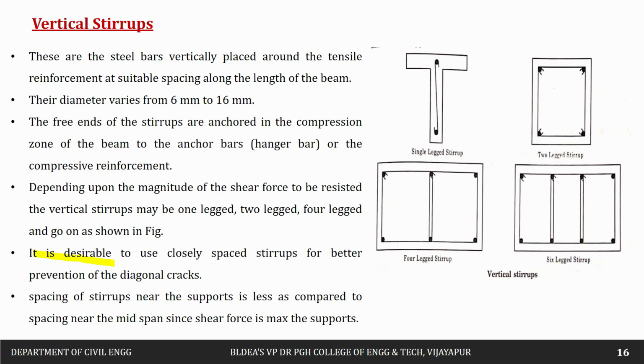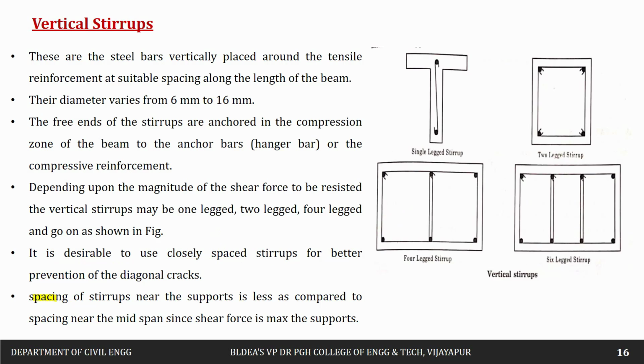Next, it is desirable to use closely spaced stirrups for better prevention of diagonal cracks. At supports, tension cracks may develop, so it is desirable to use closely spaced stirrups.